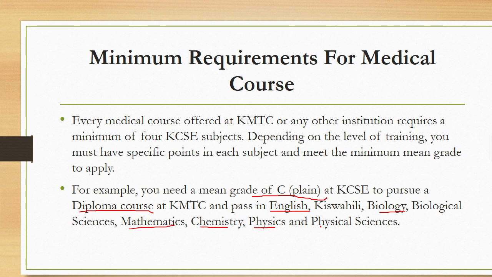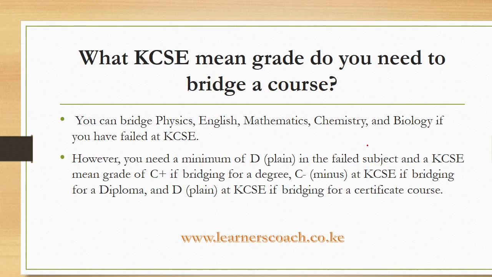Should you have a lower grade in all these subjects that I've mentioned, you'll be required to proceed and do some bridging course. As I mentioned, you can bridge in all these subjects. However, you need to have a minimum grade in the failed subject.